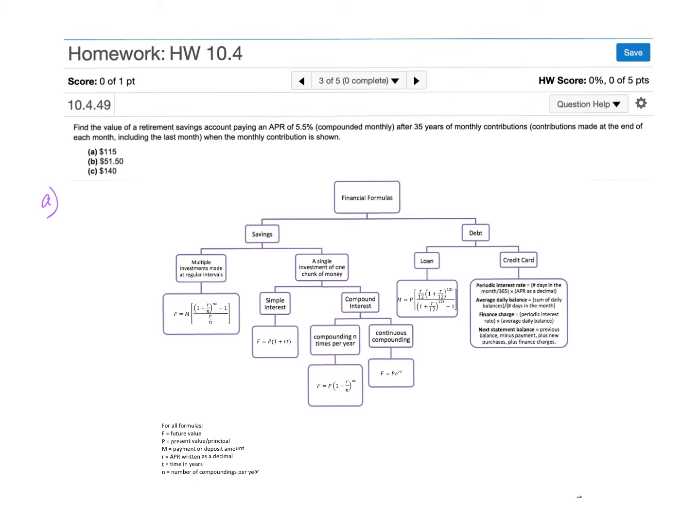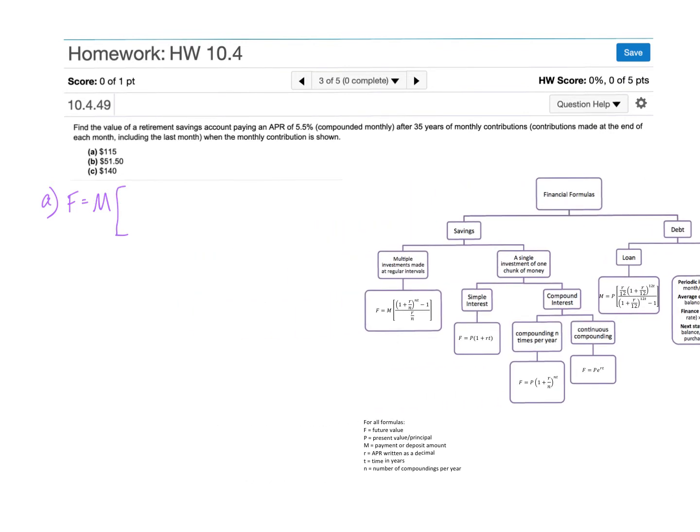We've got F for future value is M, your monthly contribution, times (1 plus R over N) to the NT, minus 1, divided by R over N. Then it tells you what all the letters stand for down here.